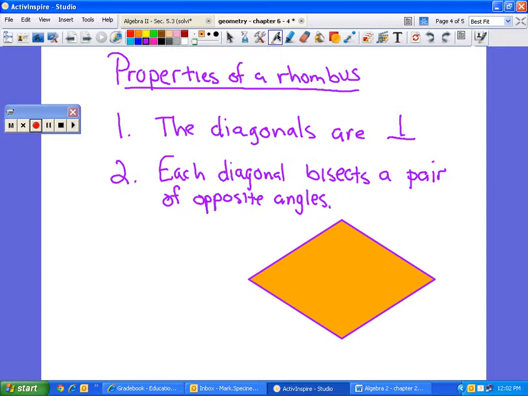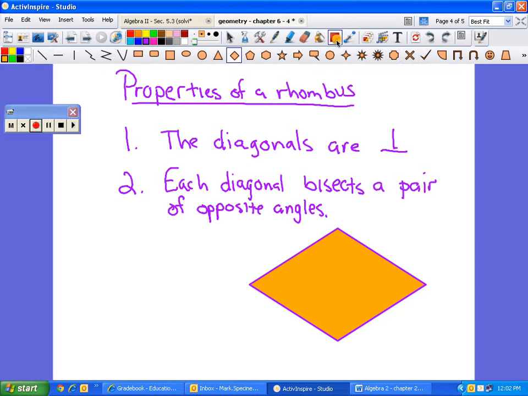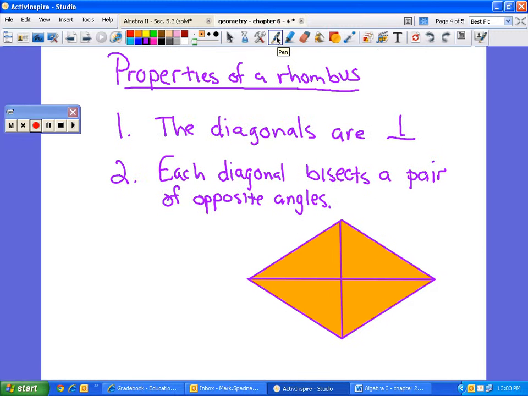Okay, so the first property of a rhombus is that the diagonals are perpendicular. So if I have this rhombus, and I draw two diagonals, I know that those diagonals are going to be perpendicular.